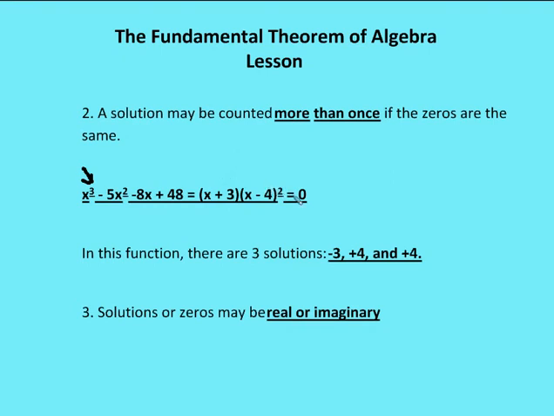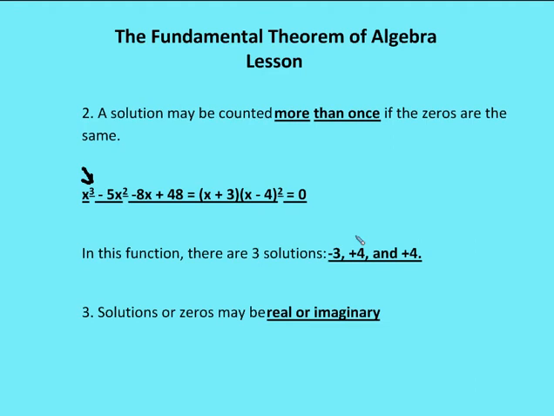So in reality, I just have 2 different values, negative 3 and plus 4. But with respect to the fundamental theorem of algebra, I have 3 solutions. One is negative 3, and then the other one is plus 4 twice. All right, so you can count the solutions, or the zeros, more than once if the factors are the same.